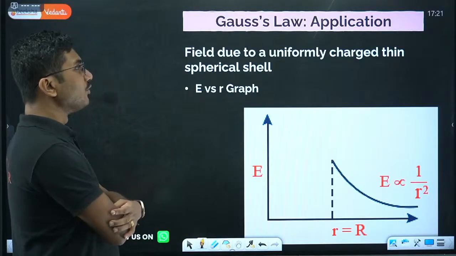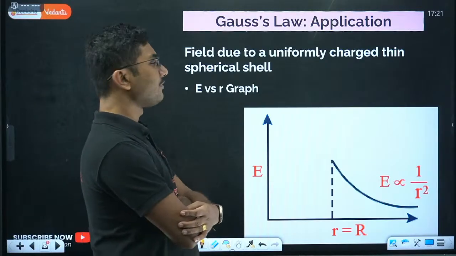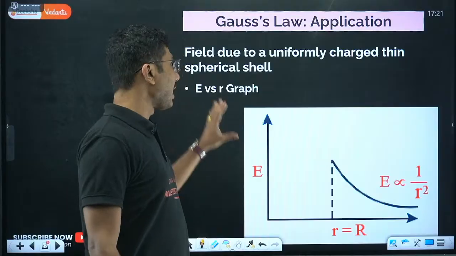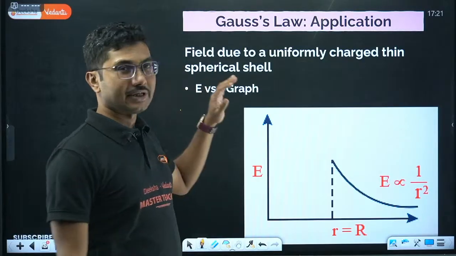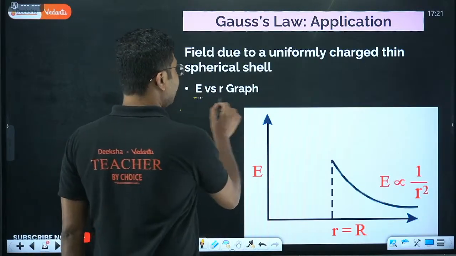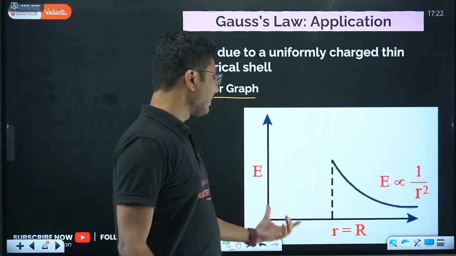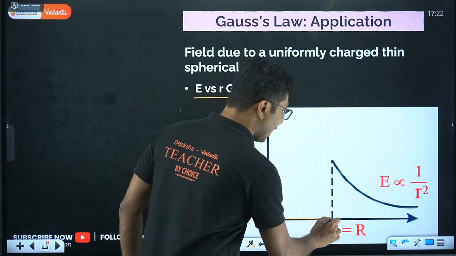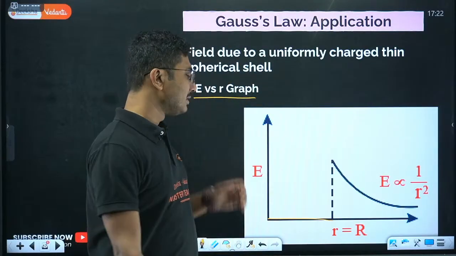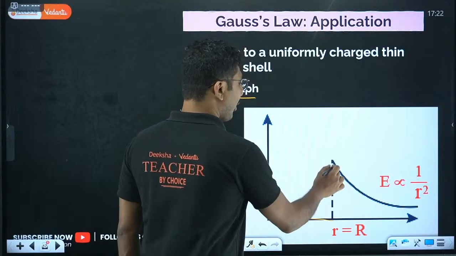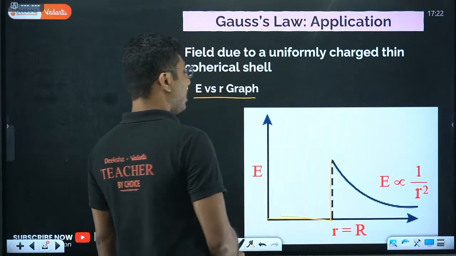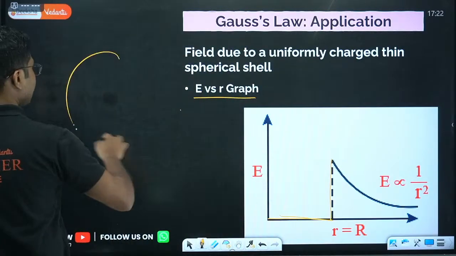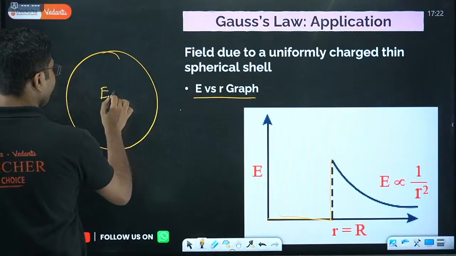Field due to a uniformly charged thin spherical shell. If you plot the graph of electric field versus radius, the electric field from E to R is basically 0. So when the point is inside the shell, electric field is 0.